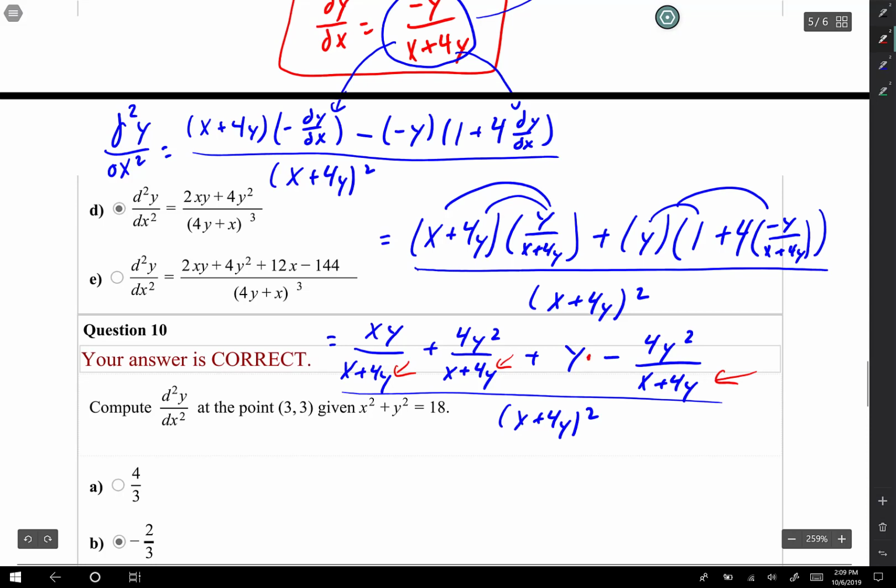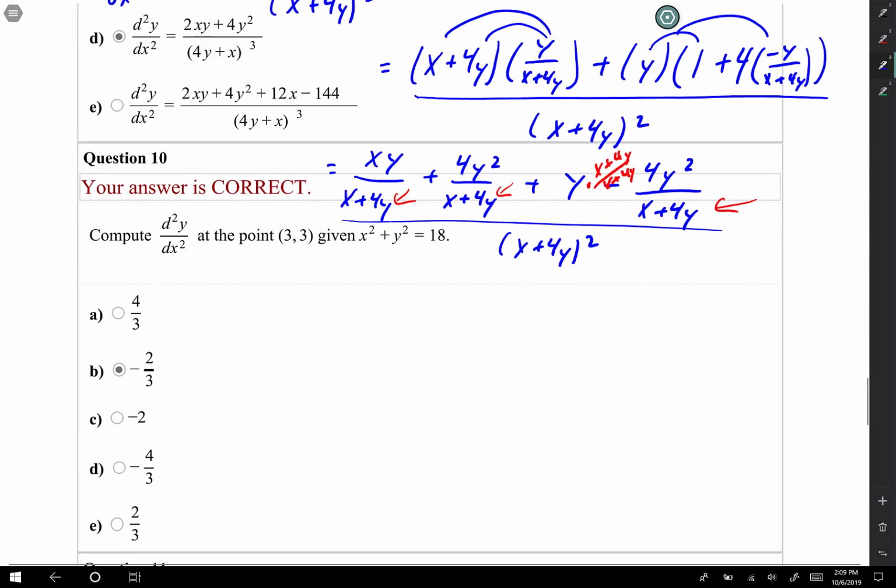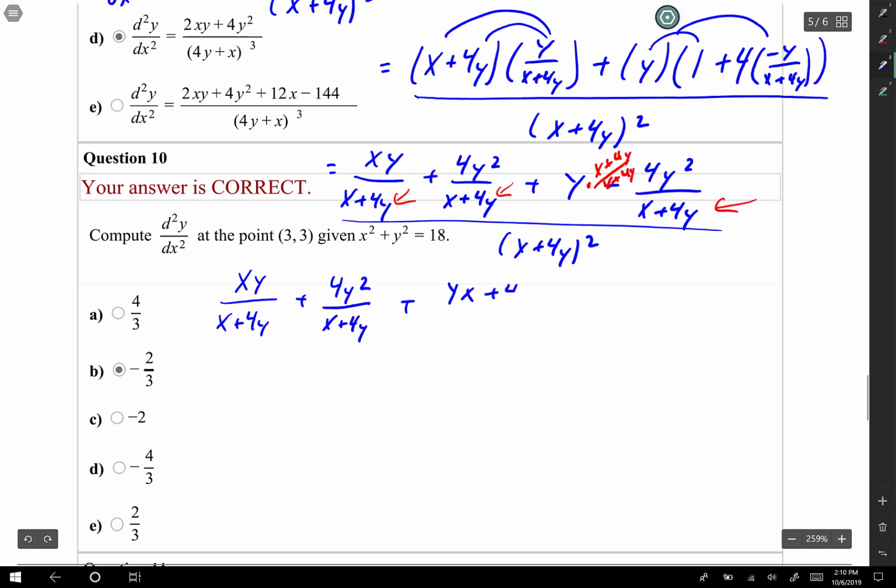So I'm going to multiply this y there by (x plus 4y) over (x plus 4y). When you do that, here's what we're going to get. xy over x plus 4y, plus 4y squared over x plus 4y, plus, y times x is yx, plus 4y squared over x plus 4y, minus 4y squared over x plus 4y.